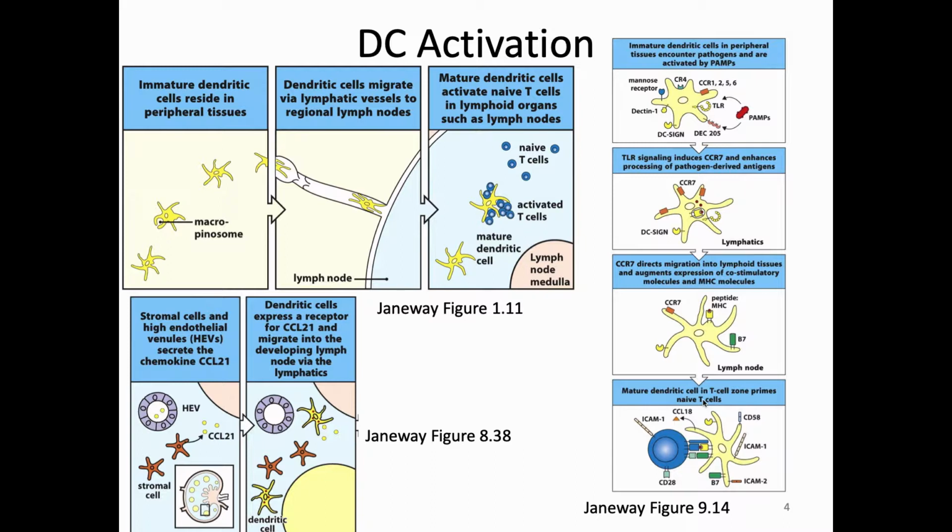It will decide to move through the lymphatics, probably using a lot of the same things like CCR7 and L-selectin that we saw last time in order to move into the T cell area of the lymph node to act with T cells.